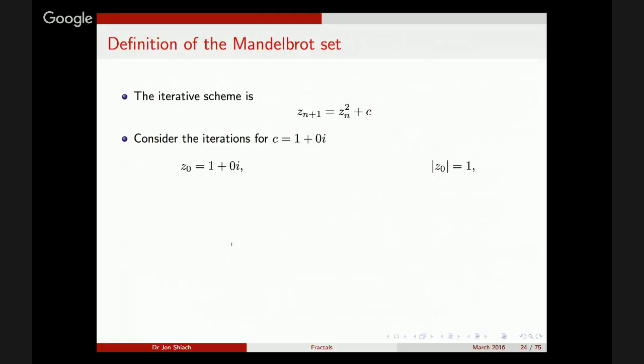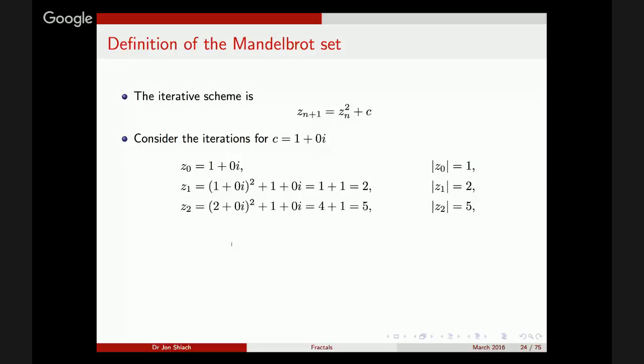So z0 is 0, because we're starting at 0. z1 is whatever z0 is squared plus 1, so that's 0 plus 1, which is 1. z2 is whatever z1 was squared plus 1. So that's 1 squared plus 1 is 2. And we can keep going.